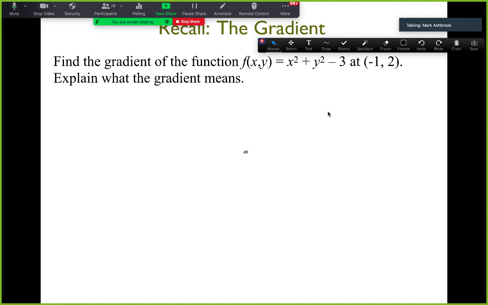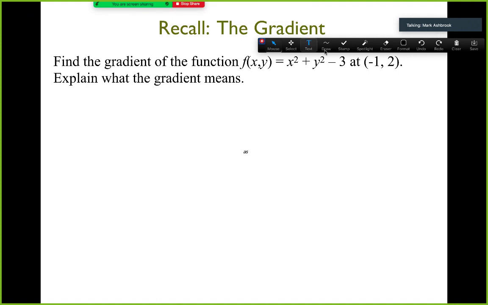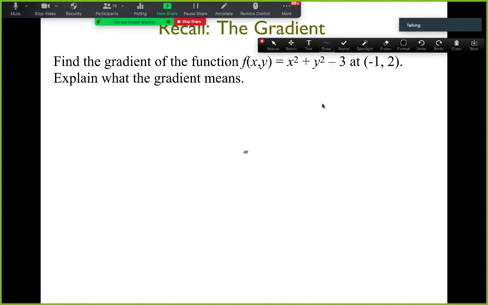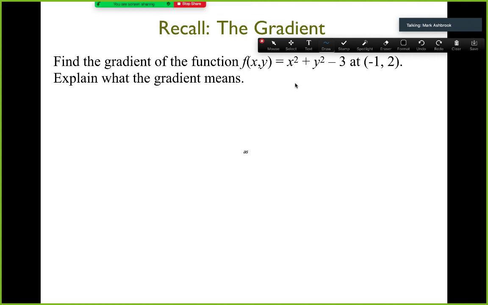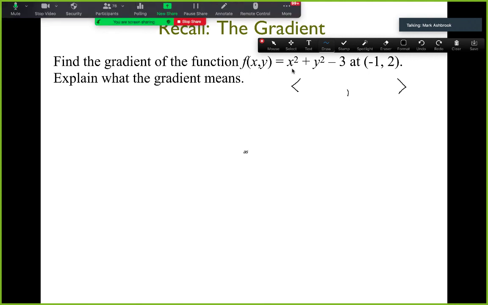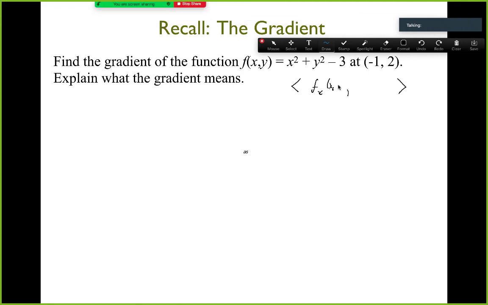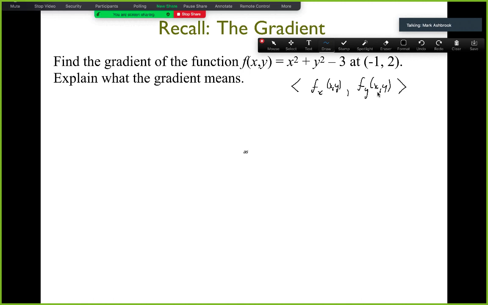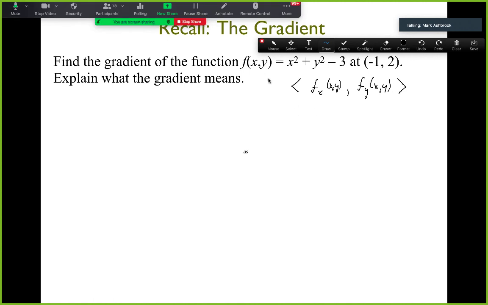So what would the gradient field be for this? Remember, the gradient was the vector of what? The change of f in x and f in y. Right, good, the partial derivatives. So we found the partial derivatives, and we made a vector out of it.